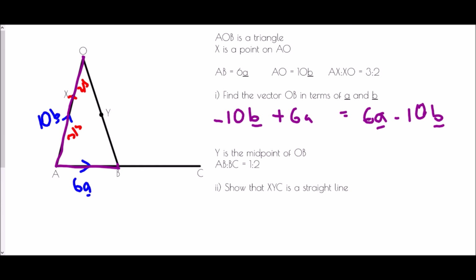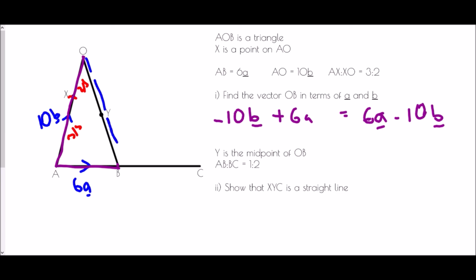It tells us that y is the midpoint of OB. AB to BC is 1 to 2. So show that XYC is a straight line. Now there is quite a lot in this question that we need to do before we get to the actual straight line part of it. The first thing is that we need to recognise that y is the midpoint, meaning it is halfway.